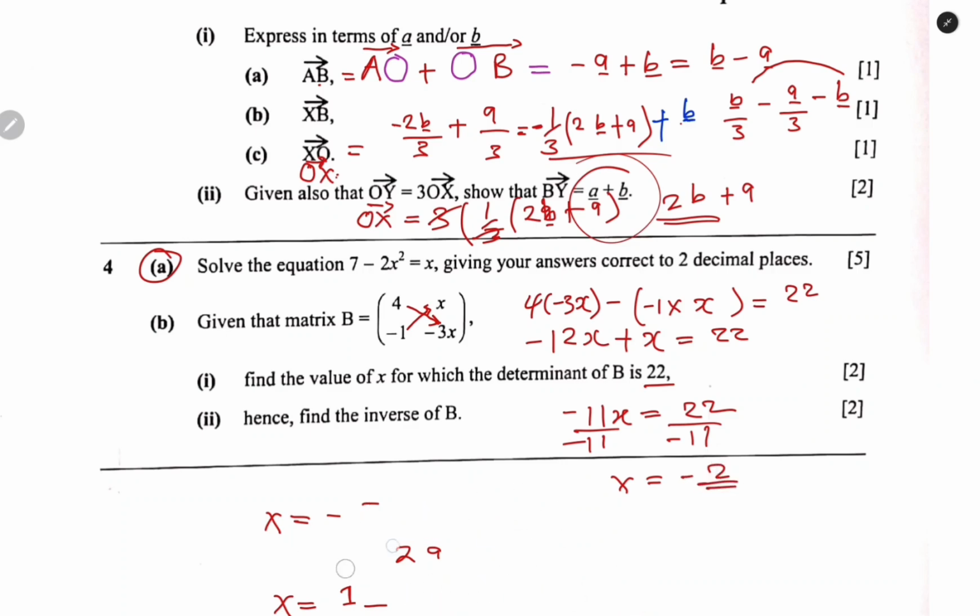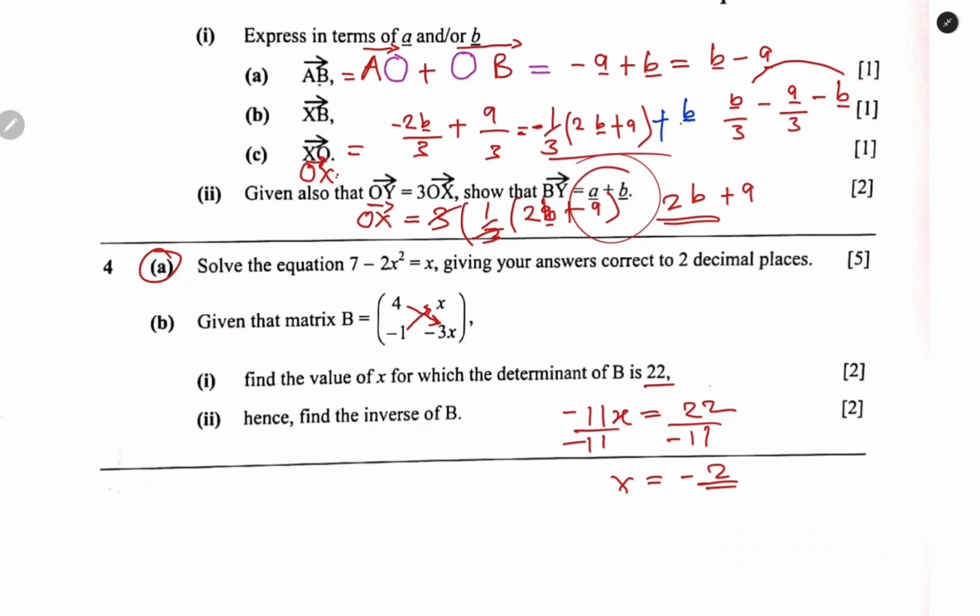Okay, so now since we found the value of x, we can now write the original matrix. The original matrix B is 4, negative 1, where there's x we replace with negative 2, here negative 2 multiply x to give us 6. So this is the original one.